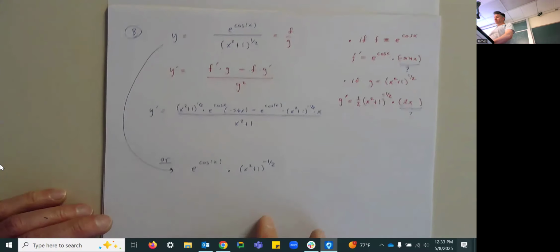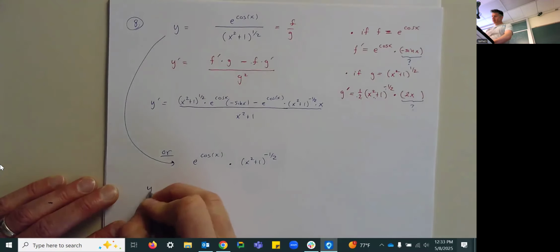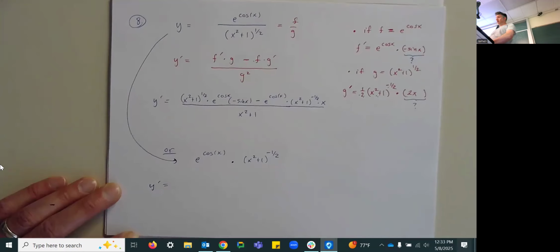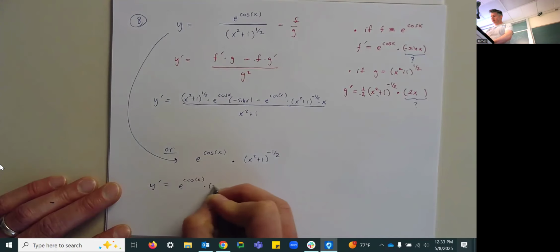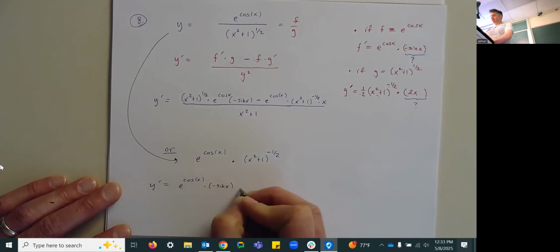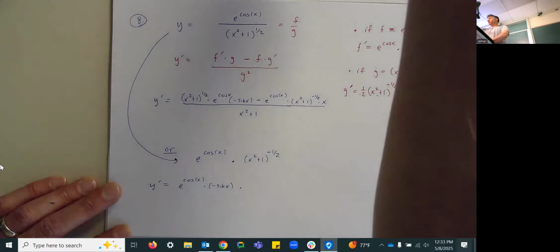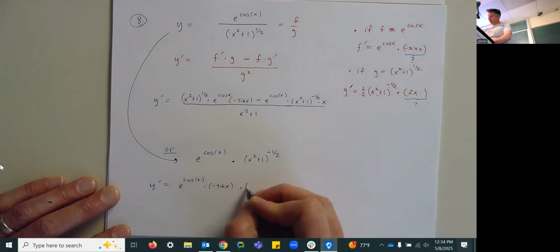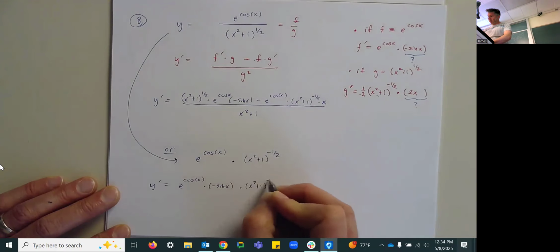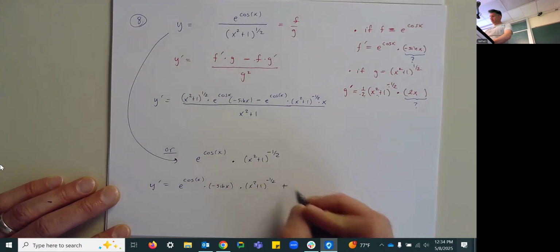And then if we wanted to take the derivative, we could do it using the product rule and say, okay, it's the derivative of the first thing, which is e to the cosine of x times negative sine of x, times the other thing, x squared plus 1 to the negative 1/2, plus, and then we switch it.